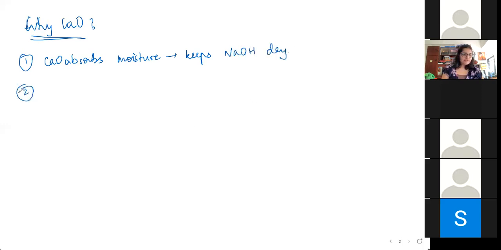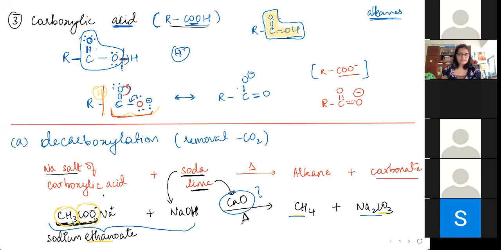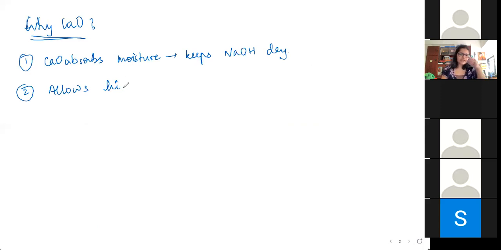Another reason why CaO is necessary is that it allows high temperature for the reaction. Heat is also quite important, which is why we indicate it as a reaction condition. This reaction takes place at pretty high temperatures. In industries, especially in the extraction of metals, CaO is used as a lining for the reaction vessels, so that even if you heat the vessel at pretty high temperatures, it's not going to break down.